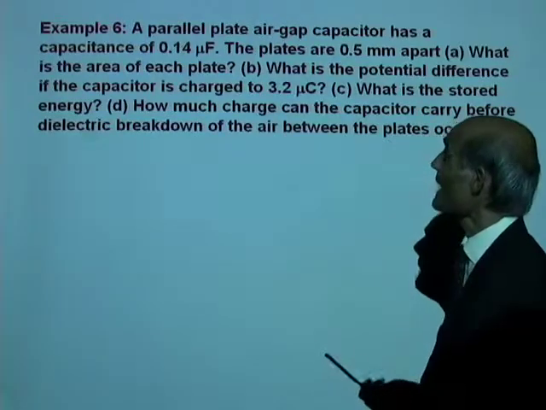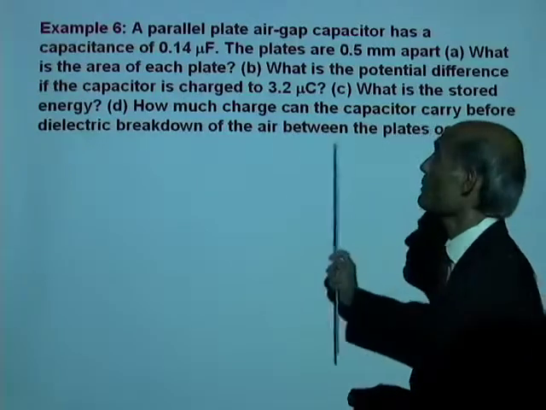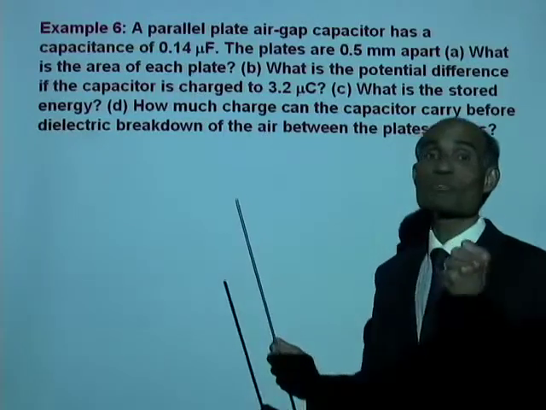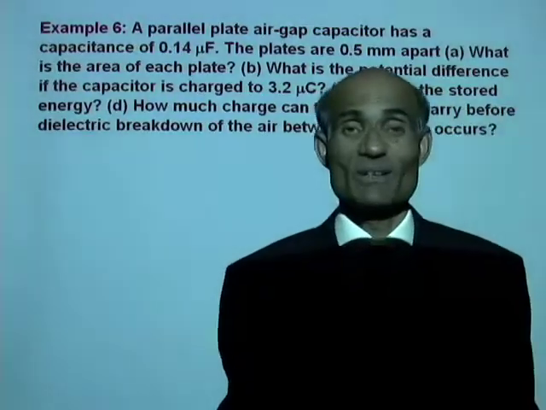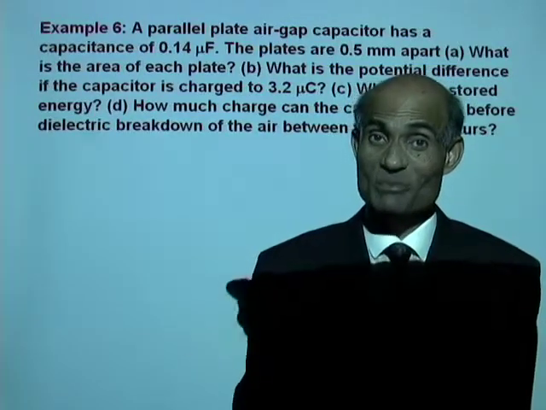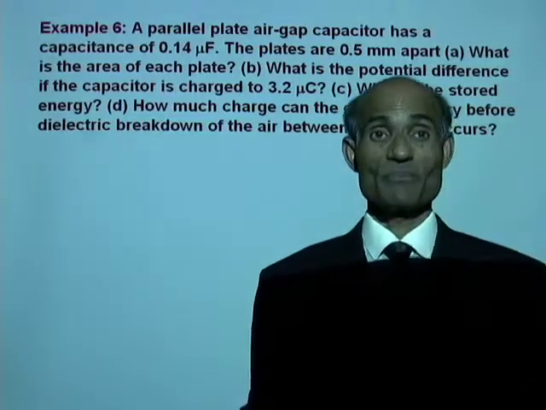What is the stored energy? How much charge can the capacitor carry before dielectric breakdown of the air between the plates occurs? Now remember, a capacitor is useless once dielectric breakdown occurs. So you can't allow that to happen.